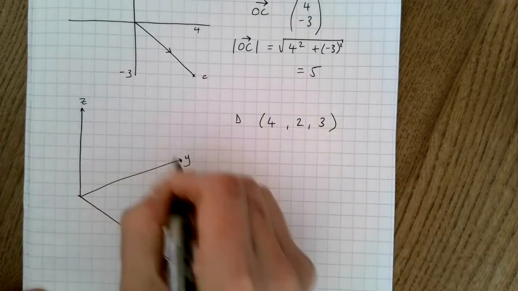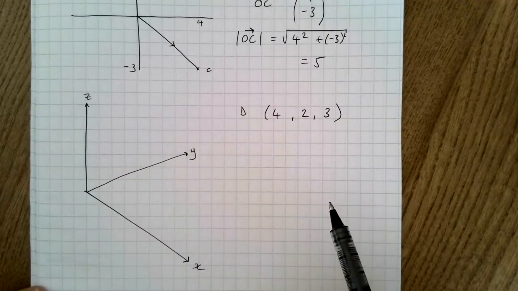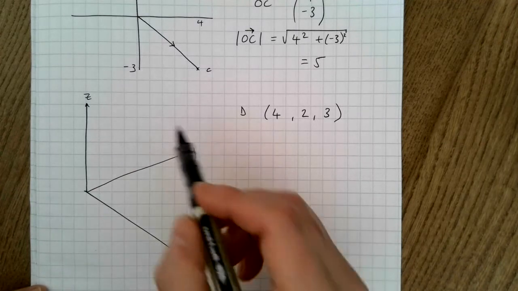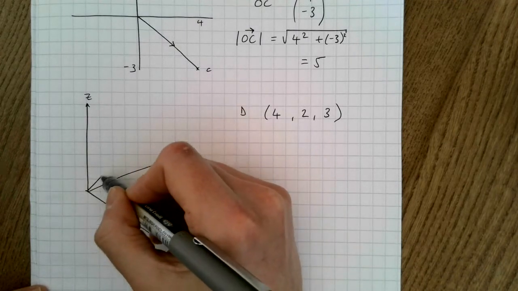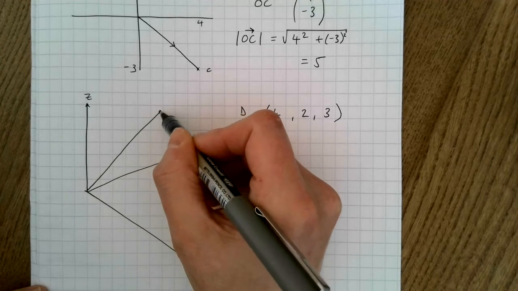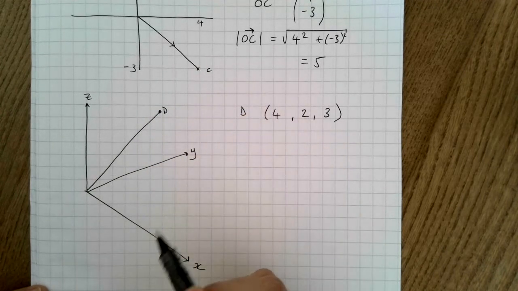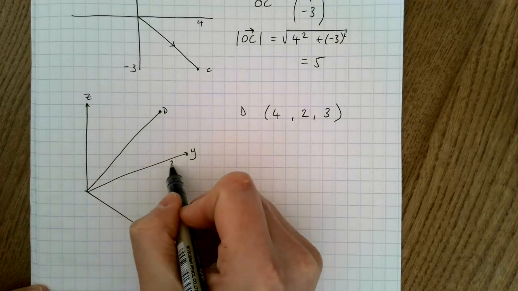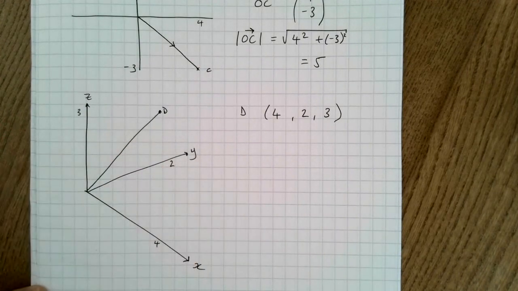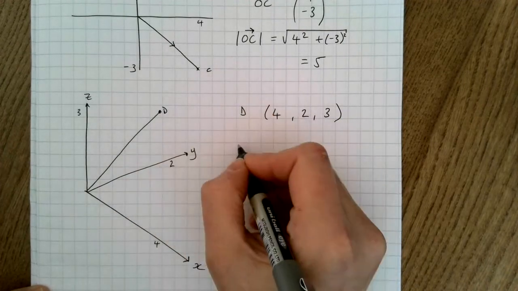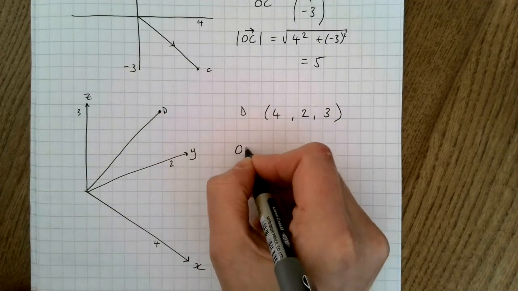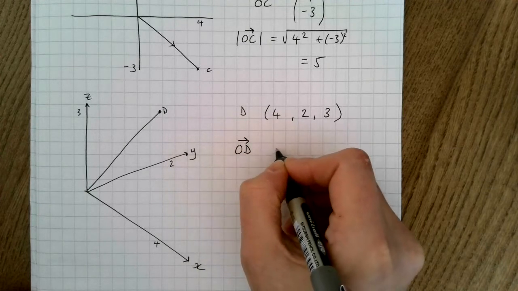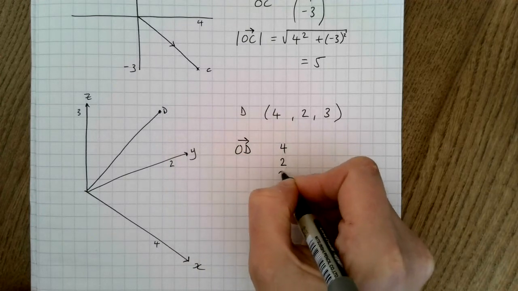I'll choose all positive numbers so I can draw it in a positive quadrant. So that would be my coordinate D there, and it would be going 4 in the x direction, 2 in the y direction, 3 in the z direction. So the position vector of the point D would be OD, and that's (4, 2, 3).